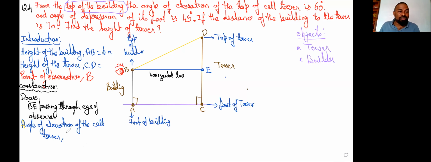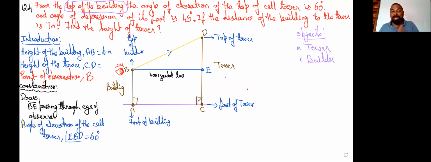So angle of elevation to the cell tower, and I said the angle should always start at the horizontal line. Which is the horizontal line we have drawn? It's BE. So start at E, center at B, and reach the top of the tower. What is the ending point? D. That is equal to 60 degrees.